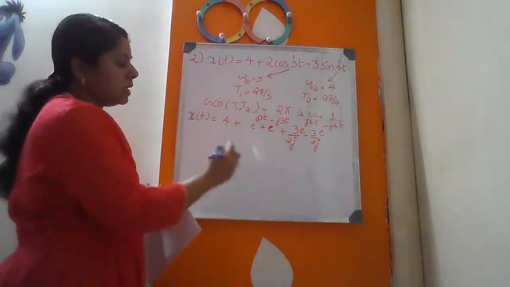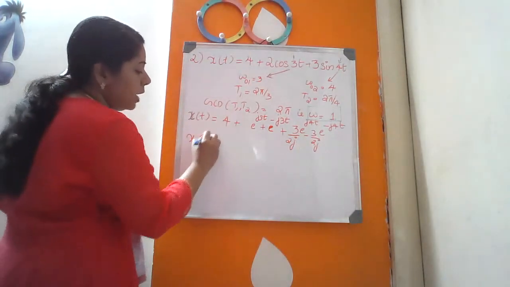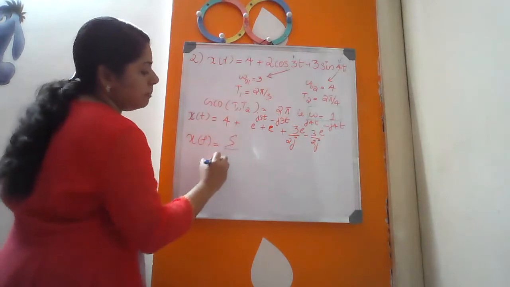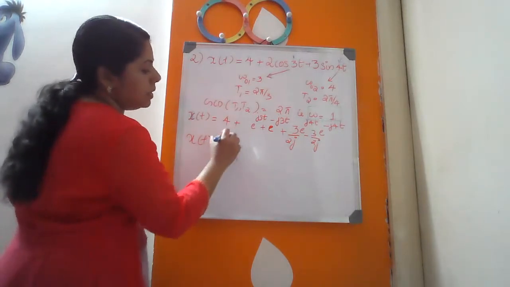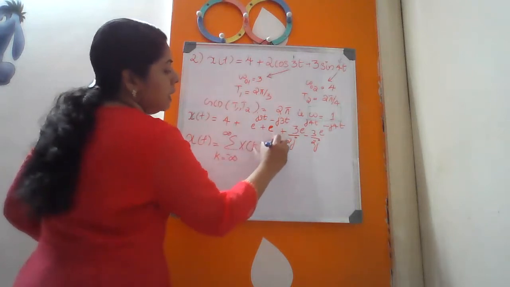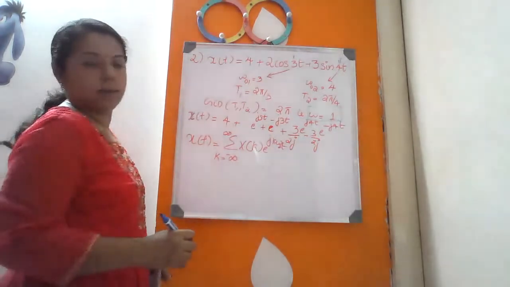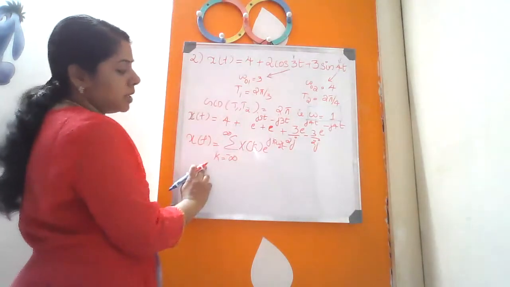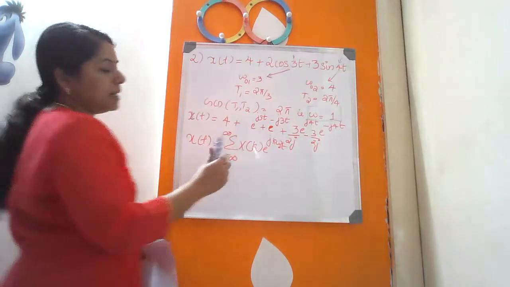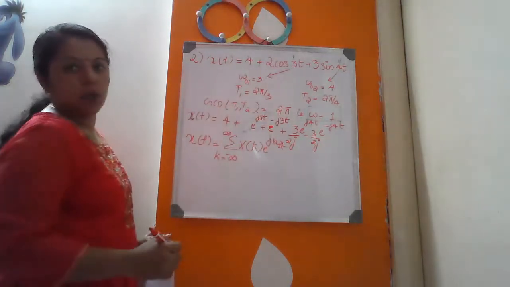Now you just see the synthesis equation. What is the synthesis equation? We have x of t is equal to summation k from minus infinity to plus infinity x of k e power j k omega naught t. From this synthesis equation, we can tell what this value is.